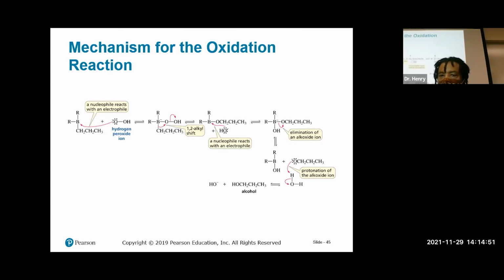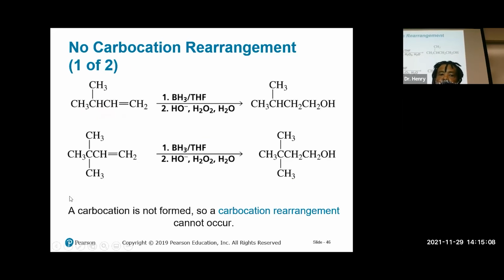Okay. Questions? Okay, so these are the products that we're going to expect from our carbons, right?